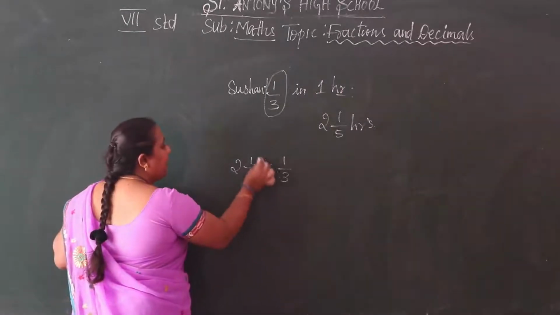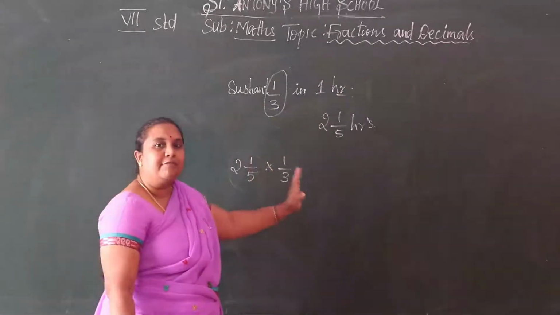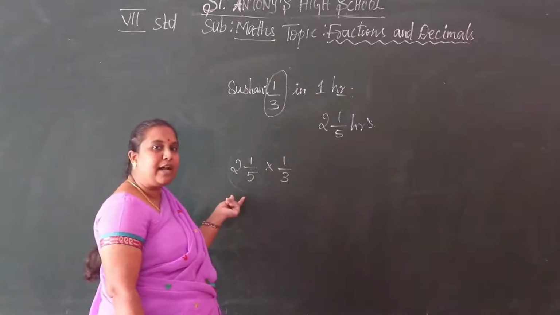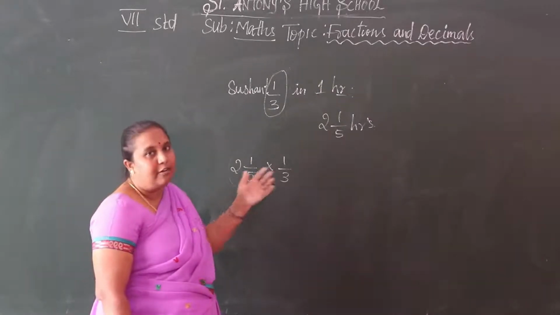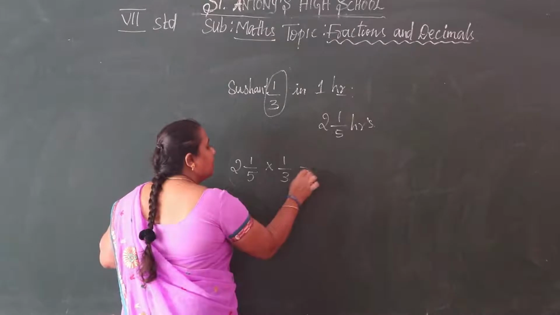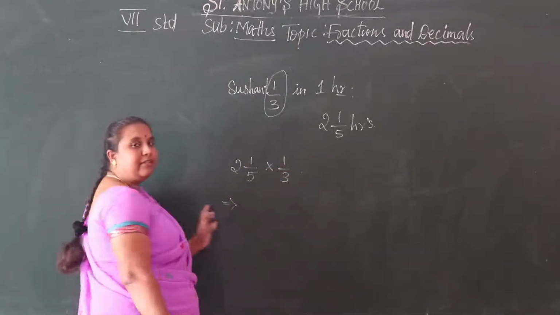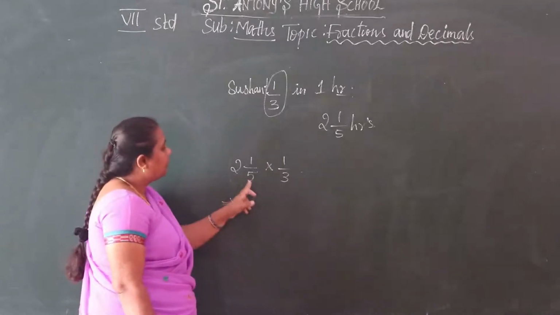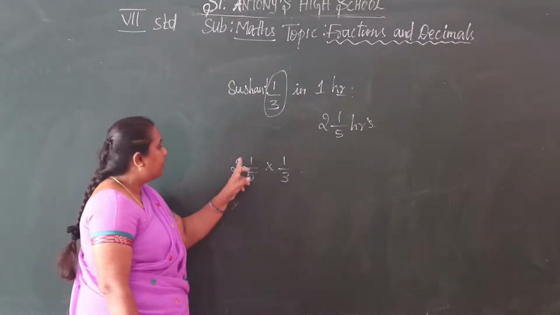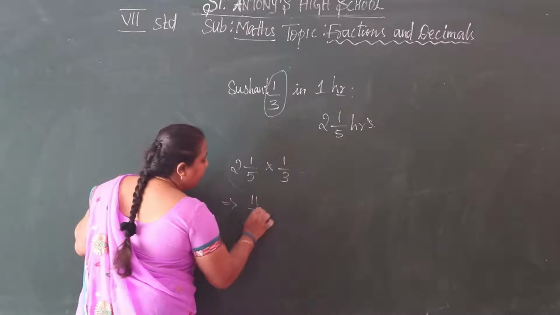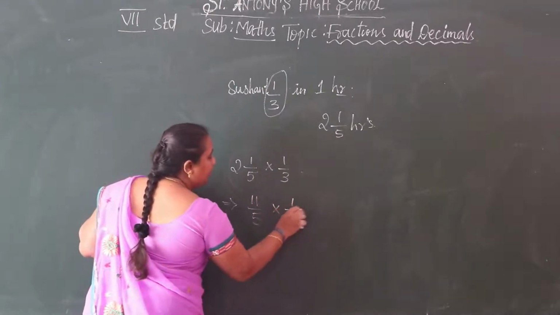This mixed fraction should be changed into a fractional form. So 2 into 1 by 5: 5 twos are 10, 10 plus 1, 11 by 5, into 1 by 3.